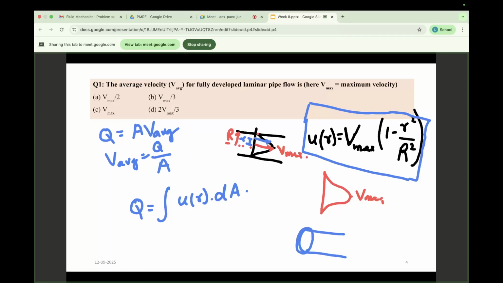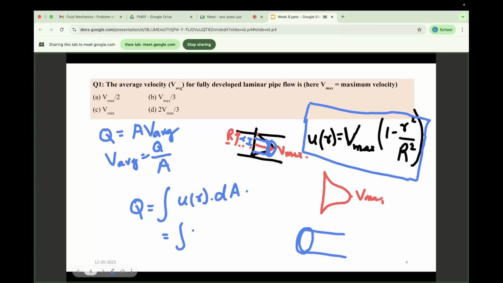So this blue line corresponds to this blue line. If I draw, this is r, and similarly this is also r distance. If I generate a circle, the radius will be smaller.